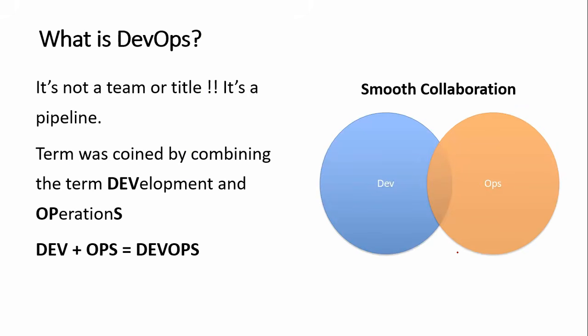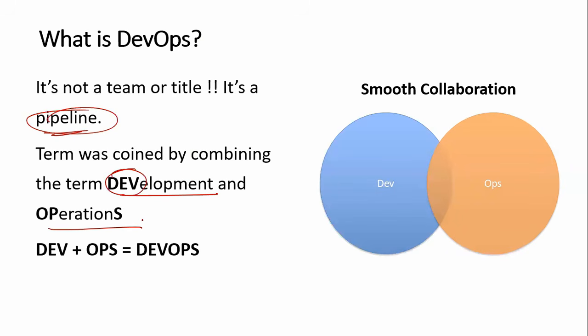What is DevOps? Remember, DevOps is not a team or a title. It's a pipeline. Pipeline means it's an automated process. Simple, that's it. Two words: development team, operation team.